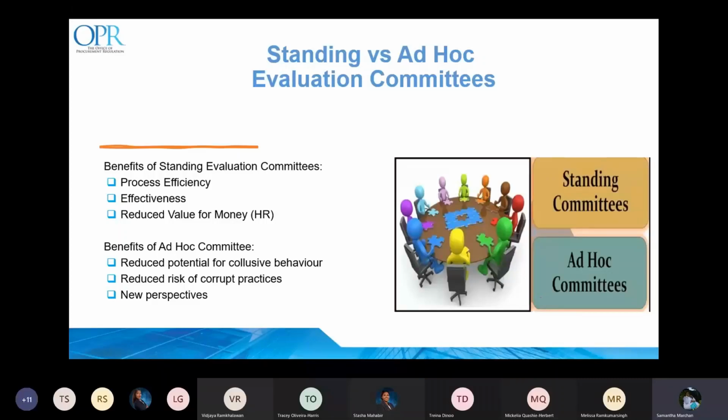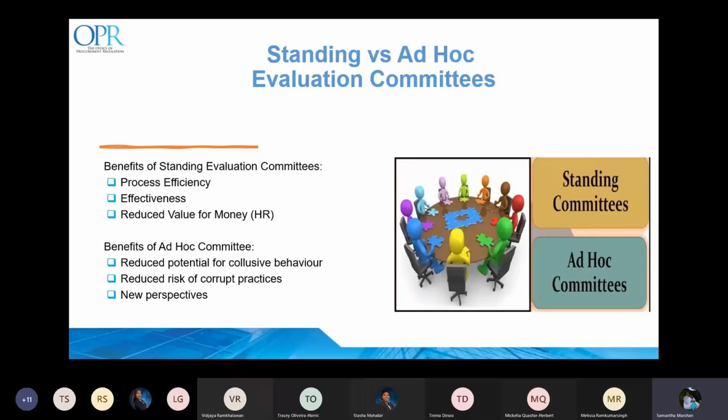Given the size of some public bodies and limited human resources, some members of the evaluation committee may be standing members, such as the finance and legal representatives, whilst the subject matter experts and procurement experts may vary depending on the procurement exercise. This hybrid approach provides the benefits of the standing evaluation committee and addresses some of the drawbacks of an ad hoc committee.